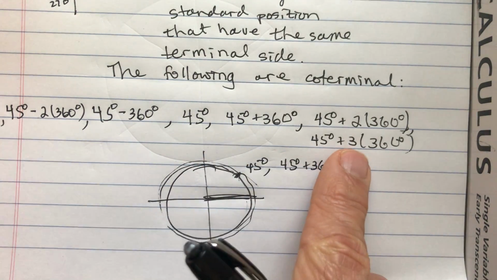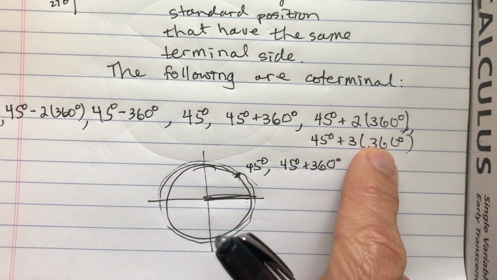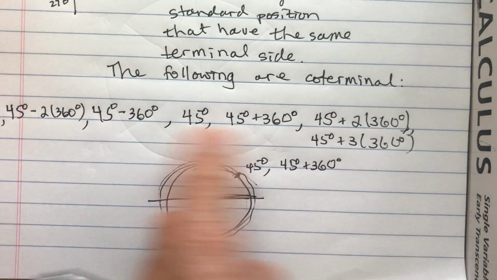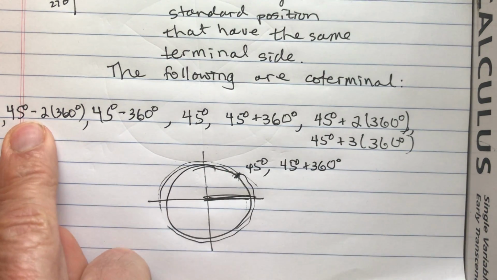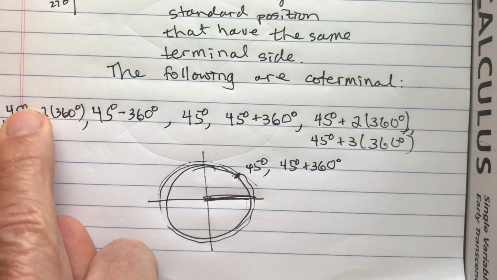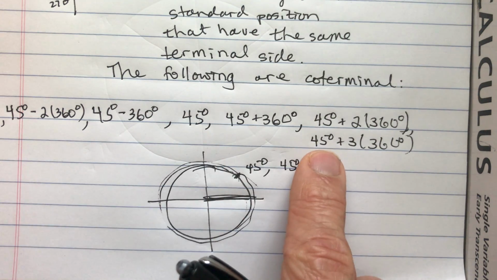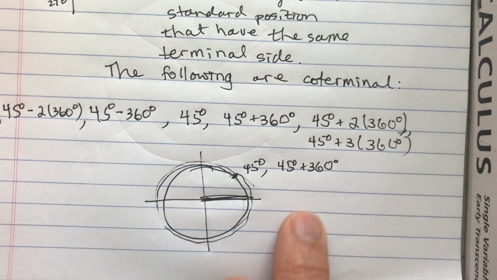Now, if I take the difference of any of these two, say I take 45 plus 3 times 360 minus this one over here, 45 minus 2 times 360, the 45 would cancel out and give 0, and we'd get 3 minus negative 2, and we'd get 5 times 360. So what I'm getting at is that the difference between any of these two angles is going to be a multiple of 360.